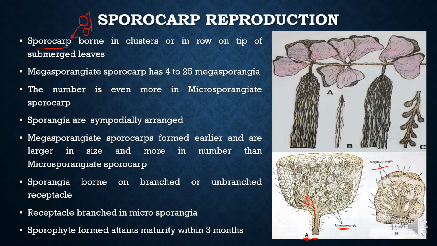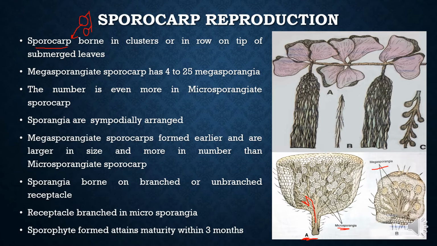Similar is the case for the megasporangia. We see that the megasporangia are also borne on branches, but in some species the megasporangia are clustered together without any receptacle. Whether megasporangiate or microsporangiate, the megasporangiate sporocarp is formed earlier, and they are formed in much lesser number than the microsporangiate sporocarp.